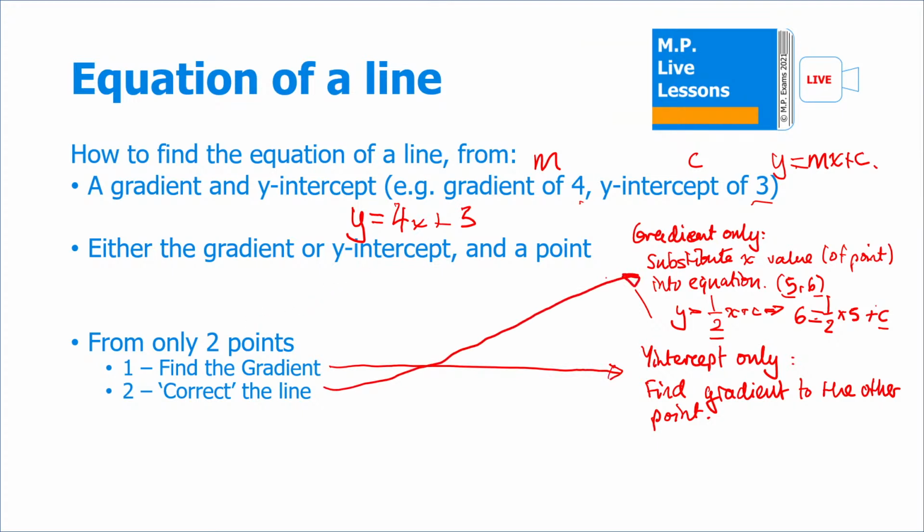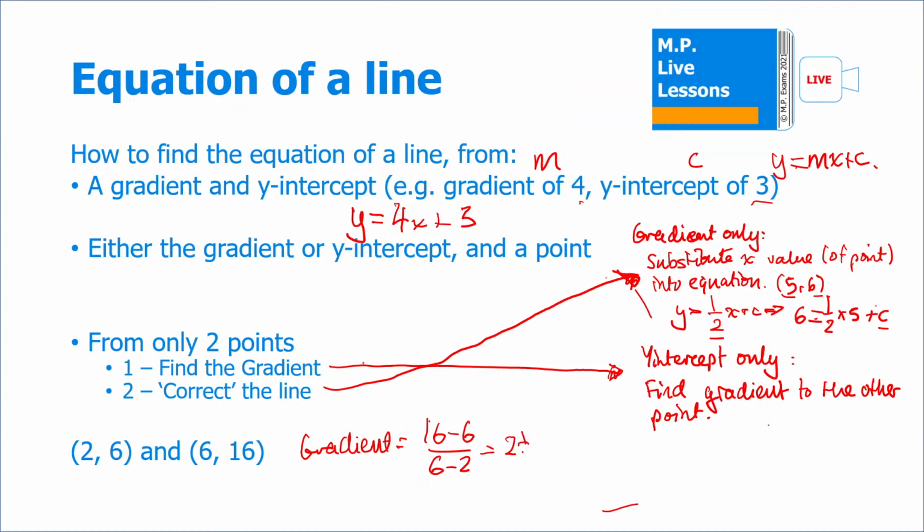So you'd substitute the coordinate values of a point in. For example, with (2, 6) and (6, 16), we'll find the gradient, which happens to be from the other slide, which is 16 minus 6 over 6 minus 2, which is 2.5, or 5 over 2. So y equals 5 over 2 x plus c.